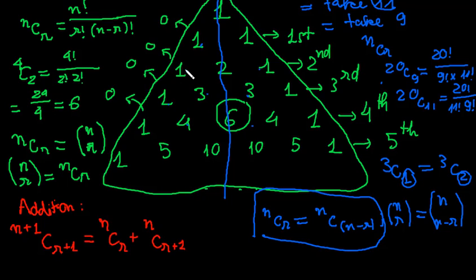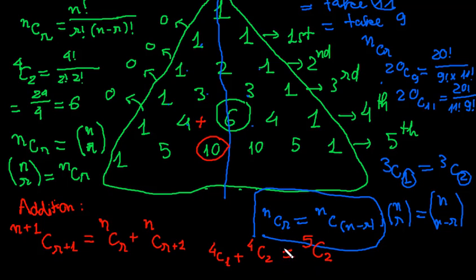Now we will look at this table. You can see that we have 4 plus 6 equal to 10. The 4 is in the fourth line, position 1, so it means 4 choose 1. The 6 is in the fourth line, position 2, so 4C2. And the 10 is in the fifth line, position 2, so we have 5C2.